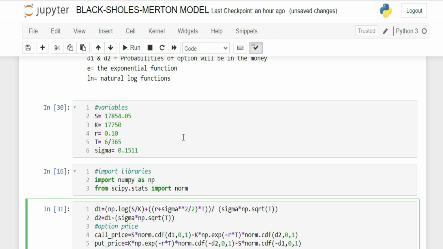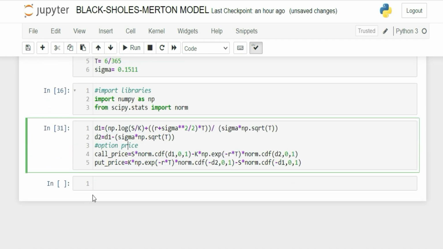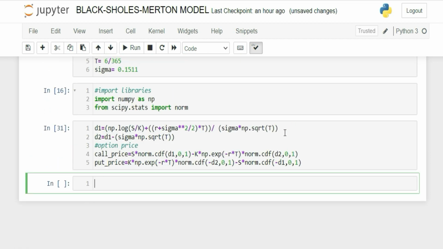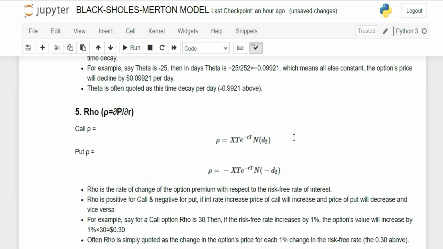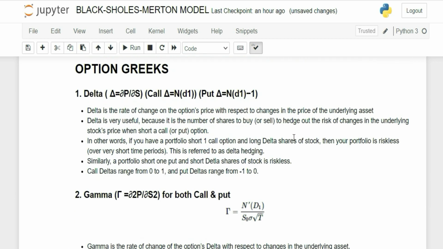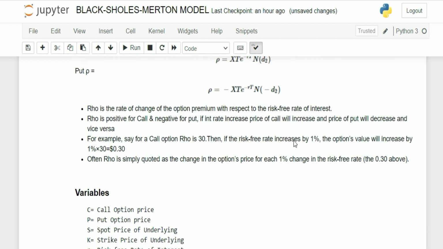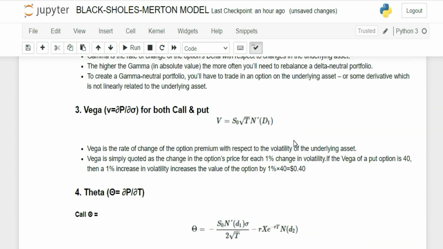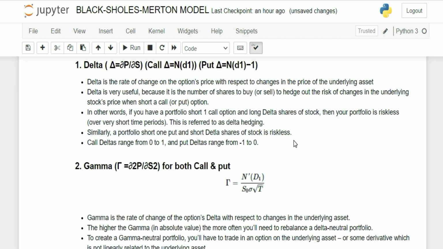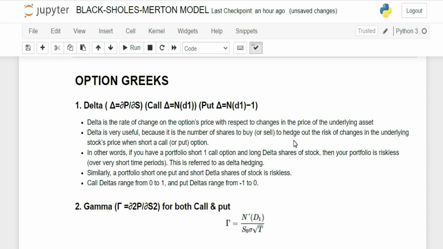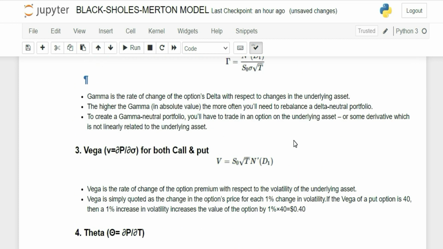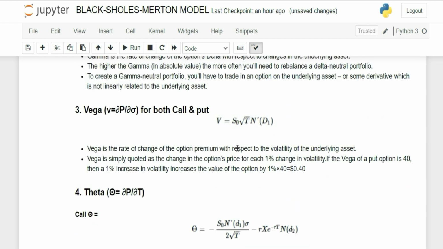Now we're going to calculate all the Greeks. First is, as I told you, delta, gamma, vega, theta and rho. We're going to calculate one by one with this mathematical equation. What is delta, gamma, vega, theta, I have already told you quickly.